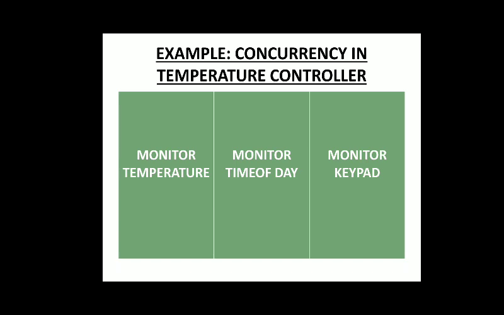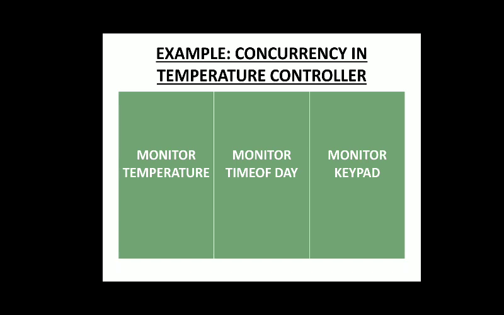So the temperature controller has to monitor the time of the day, and alongside, concurrently, it has to monitor the temperature with the help of sensors, and it has to monitor the keypad, because the user might be customizing the system, changing the previously set times of the day.